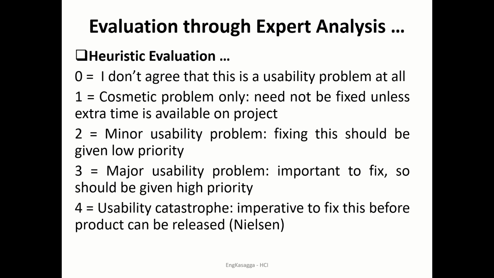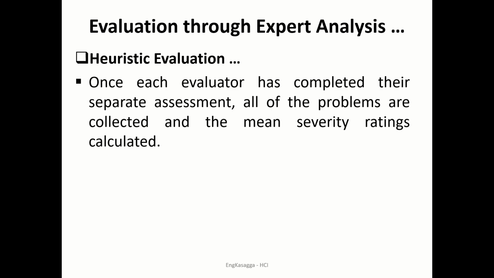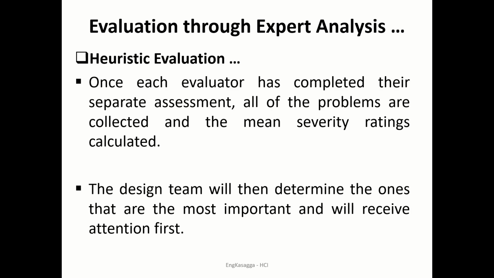So the design team prioritizes fixes based on these ratings. Those are ways that you can try to fix the problem. Once you have evaluated and completed it, you'll find that the problem can be easily evaluated by the team.